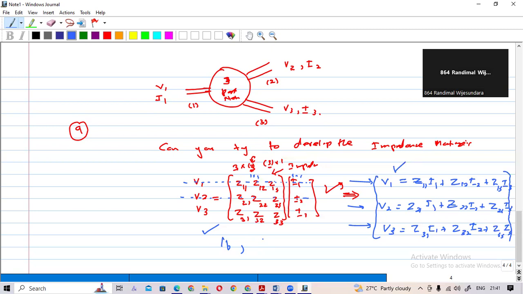For 5 ports, you will have 25. For 6, you will have 6 into 6, 36, likewise. Okay. So if you have input, how can we write this in general?